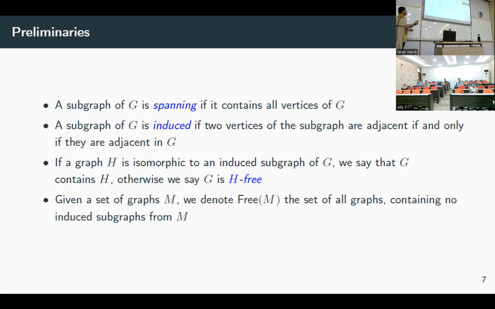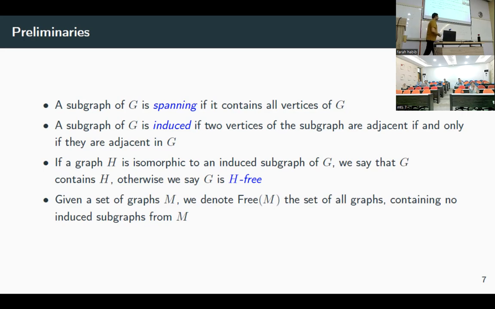Okay. So it's not that we just talk about being free of, or containing, just one graph. You can have multiple graphs. Given a set of graphs M, we denote by Free(M) the set of all graphs containing no induced subgraphs from it.